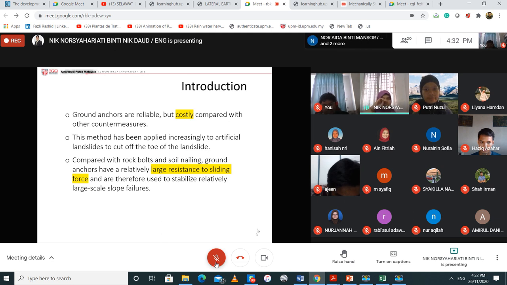Talking about ground anchors ni, memang menjadi kesukaan engineers nowadays, especially if you deal with a condition yang memang kind of have a potential of landslide, big major construction, but then of course it's costly, mahal, because they have a few parts that you need to design.